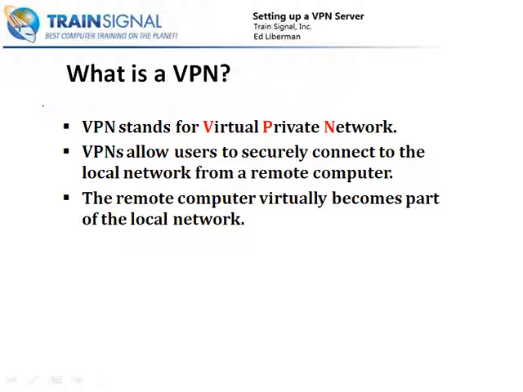And this is why VPNs have been used for many, many years and are so popular with network administrators, because it provides such a secure way to allow people to be away, but not really.